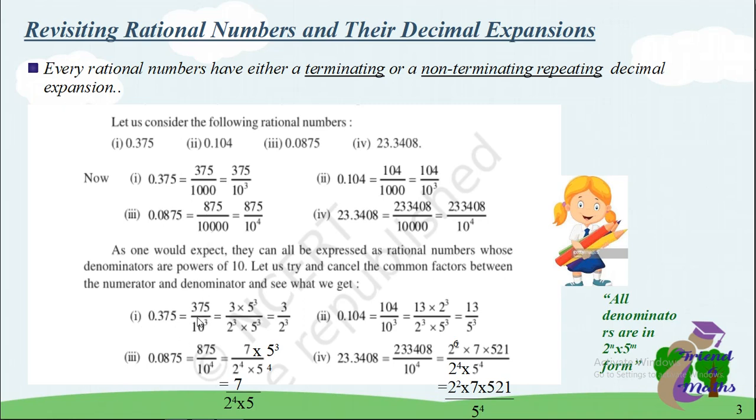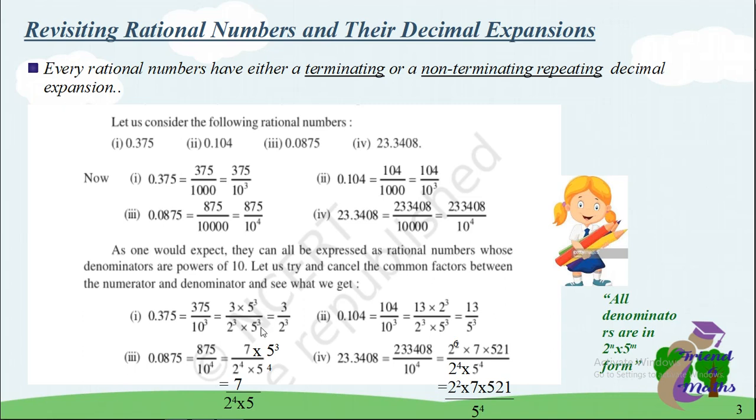Here 0.375 is equal to 375 divided by 10 cube, and the prime factorization of 375 is 3 into 5 cube, and the prime factorization of 10 is 2 into 5, so 10 cube is 2 cube into 5 cube.